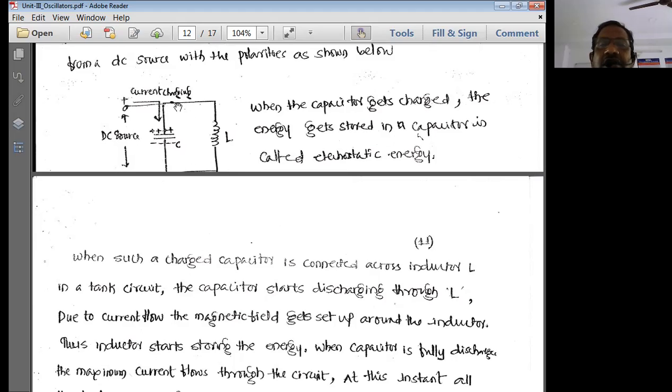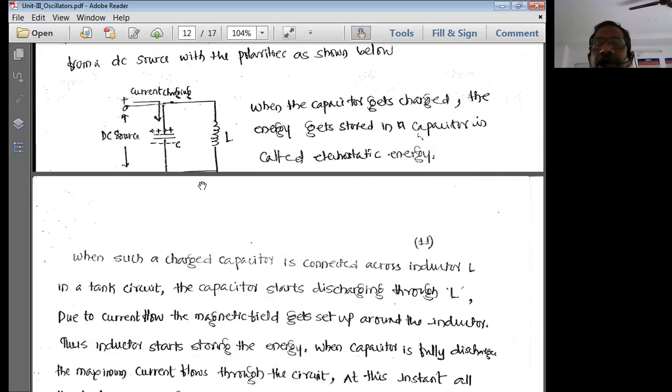Now the discharging path for the inductor is through the capacitor, and the capacitor is going to charge. After the capacitor charges, the capacitor is going to discharge. What is the discharging path for the capacitor? It is only through the inductor L. That means the discharging paths for inductor and capacitor are through the opposite elements of the tank circuit.